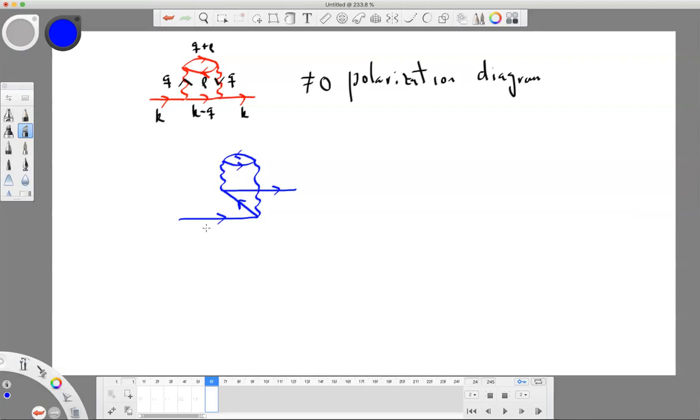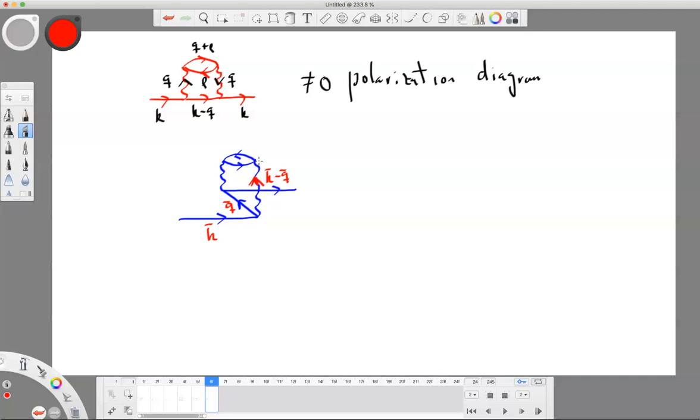We come in with momentum K. Let's put it in red now. Let's suppose now that we separate this like this. There are various choices you can make, but I'm going to choose this one. You can try another labeling. So if Q goes in this direction, we inject with K, we take away Q, and now we're going to end up with K minus Q here, in the interaction line.